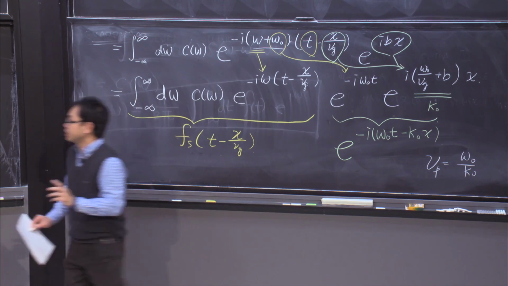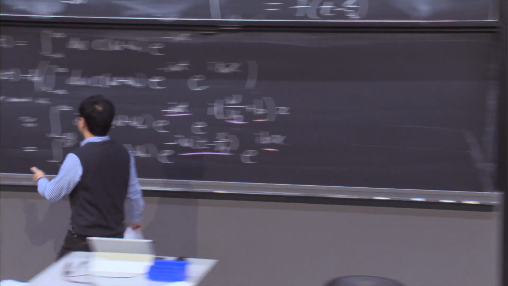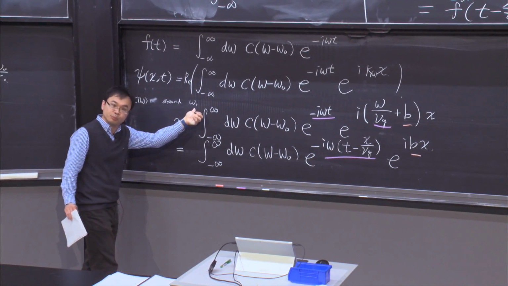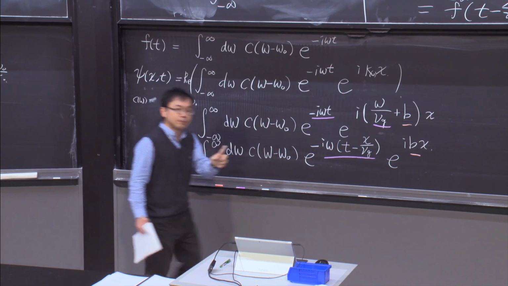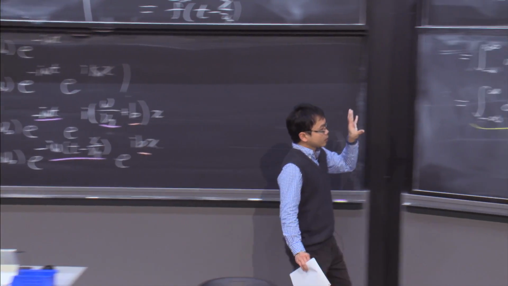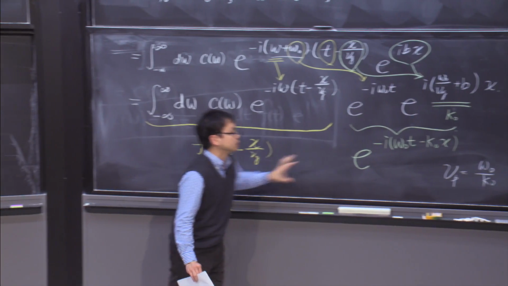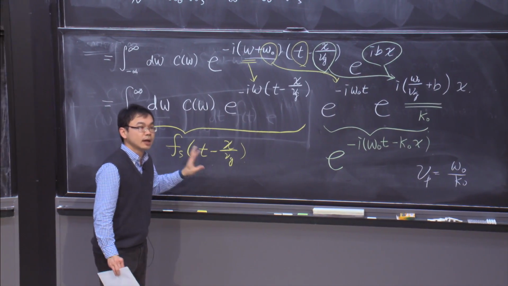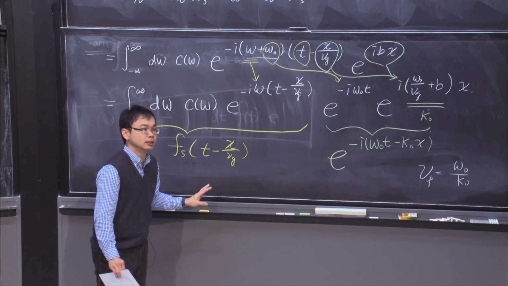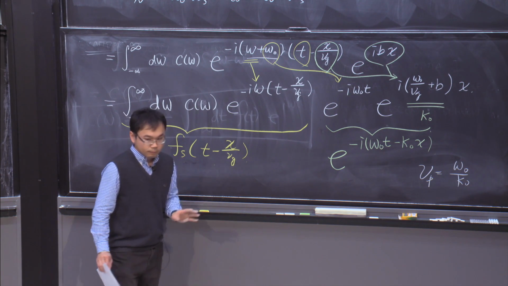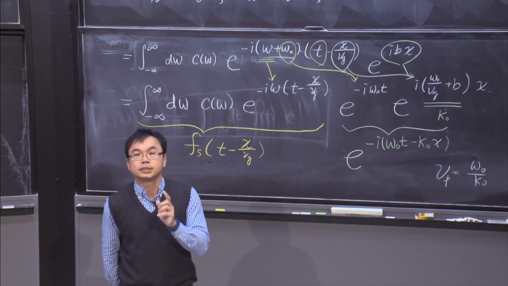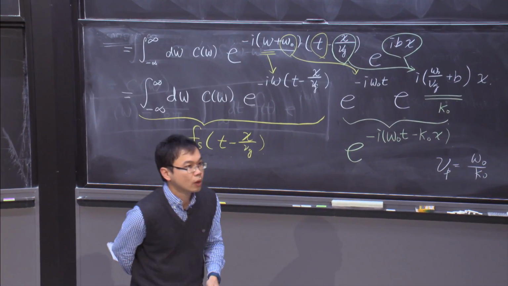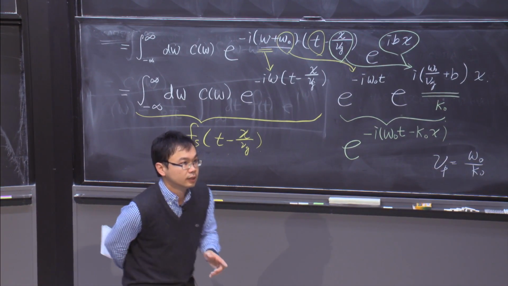The trick is that only the omega values around omega 0 contribute. If that happens, then you can see that there are two structures propagating at different speeds, and you can understand each structure independently, okay? That means your signal will not be distorted if you send it in this way.